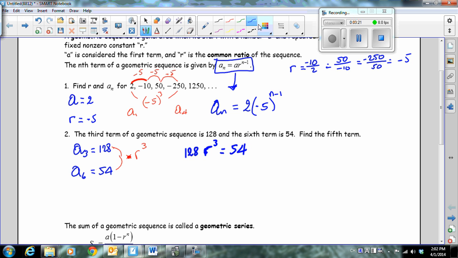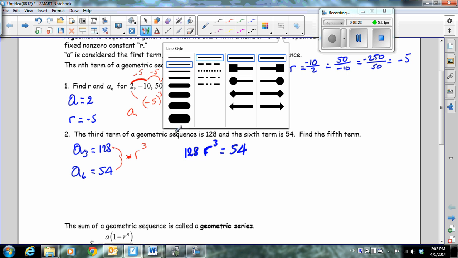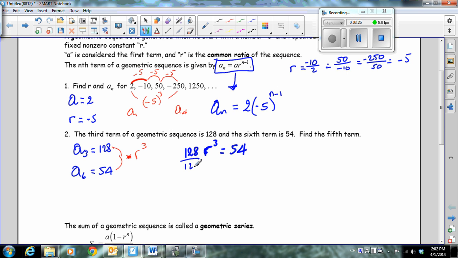From here, I will divide both sides by 128, and once I divide by 128, I end up with r cubed is equal to 27 over 64. So r itself is equal to 3/4. Once I get r, now I'm looking for the fifth term.